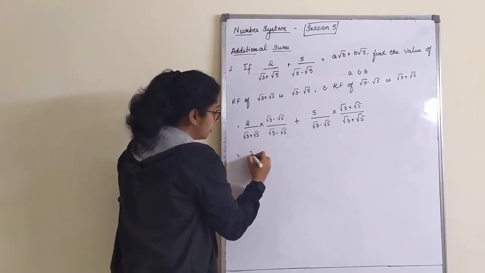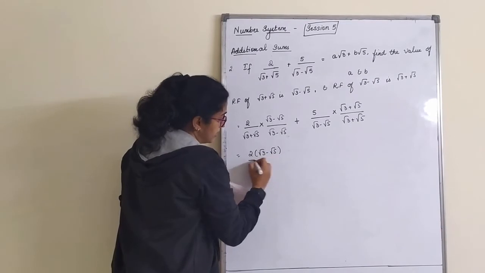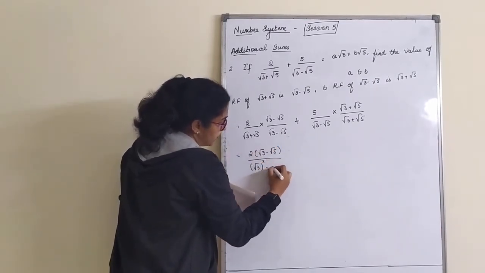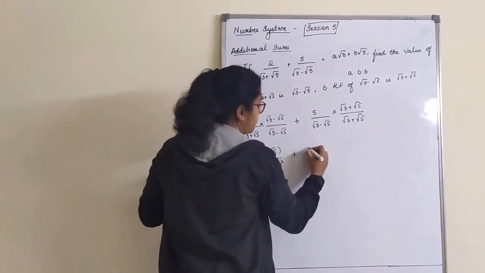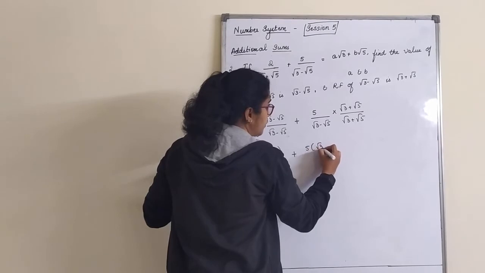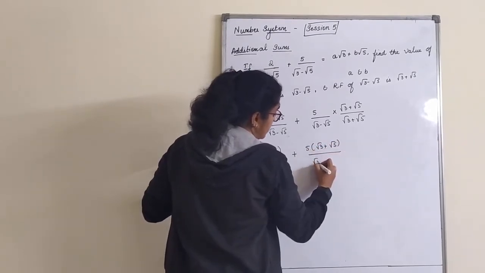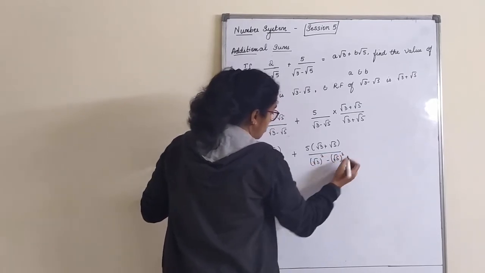Okay. 2 of root 3 minus root 5 divided by root 3 square minus root 5 square, plus 5 of root 3 plus root 5 divided by root 3 whole square minus root 5 whole square.